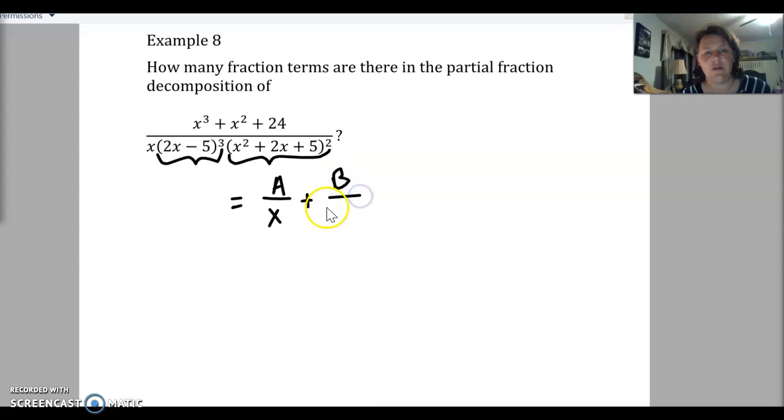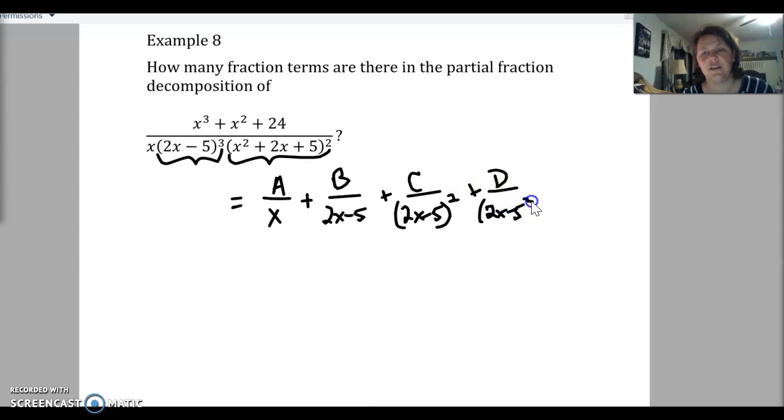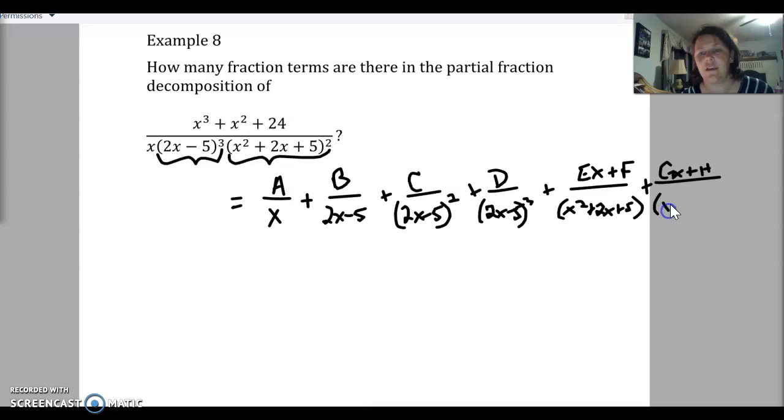A over x, b over 2x minus 5, so that's our first term out of a cubic term, plus c over (2x minus 5) squared, plus d over (2x minus 5) cubed, plus, now these ones are going to have a linear numerator, so ex plus f over x squared plus 2x plus 5, and then gx plus h over (x squared plus 2x plus 5) squared.